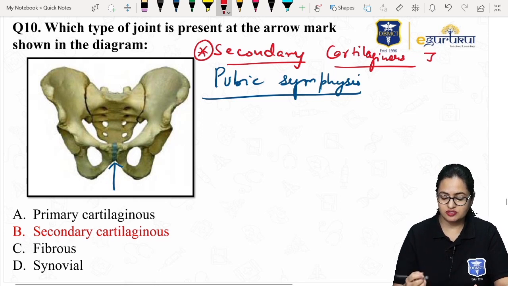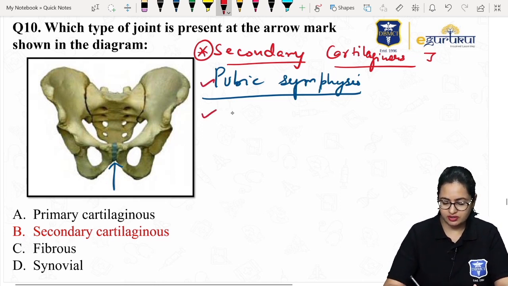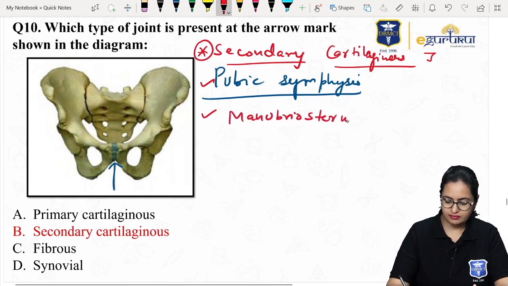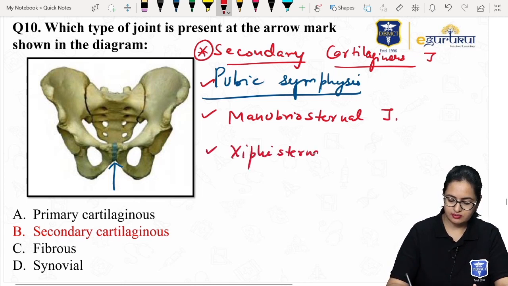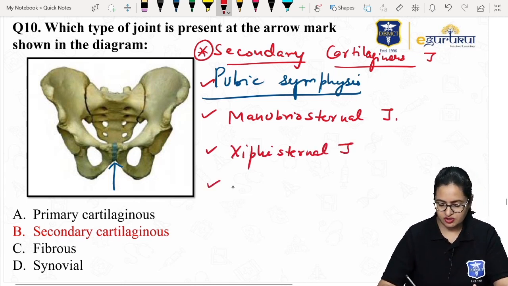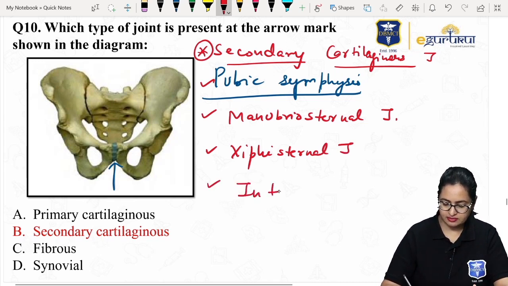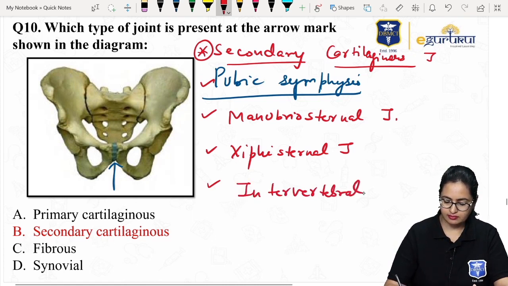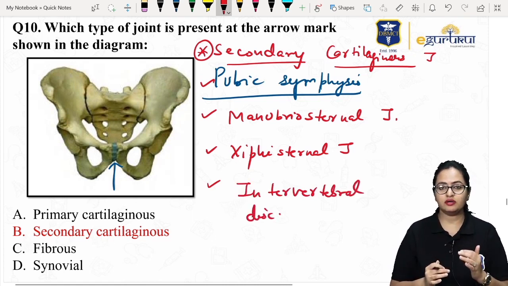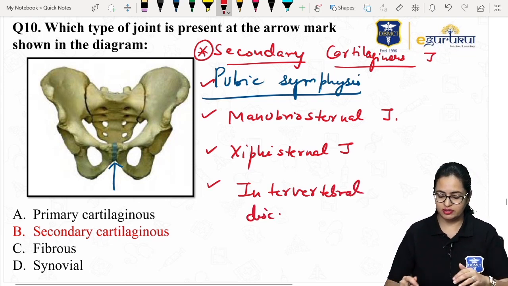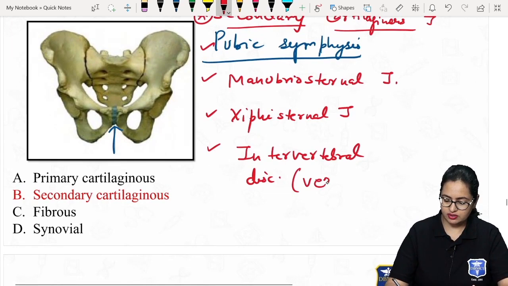The various examples for this are the pubic symphysis, as well as the manubriosternal joint. Then we also include the xiphisternal joint, and at the level of the vertebral column, at the level of the intervertebral disc, the joint between the bodies of the vertebrae is also included in the secondary cartilaginous joint.